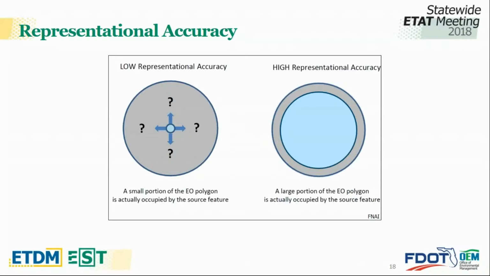In this graphic, the gray area is the buffer. You see on the left, it's a really large buffer because there's a lot of uncertainty about where the location could be, versus the other shape has a small gray area indicating a small buffer, and most of the polygon is actually occupied.